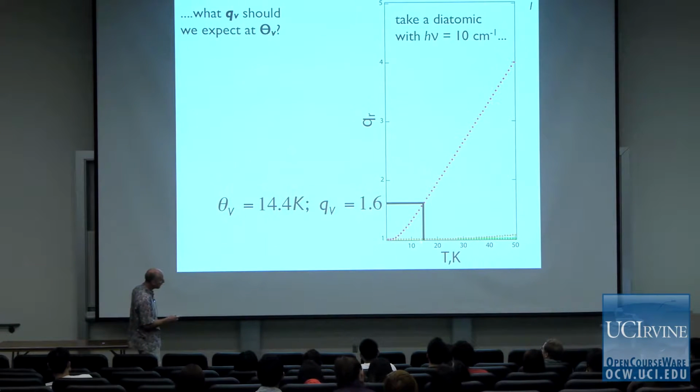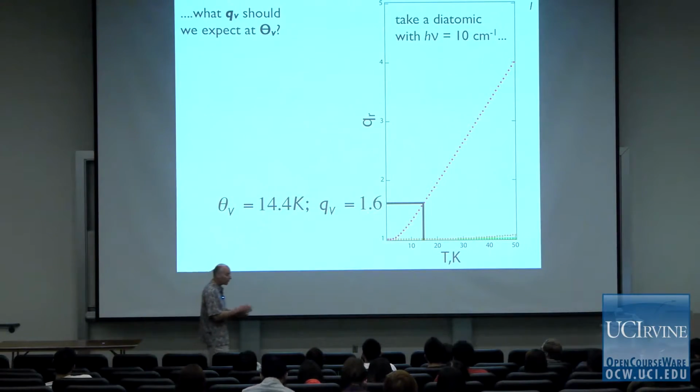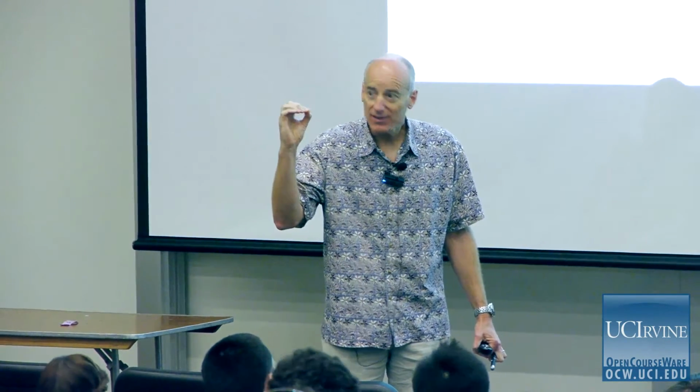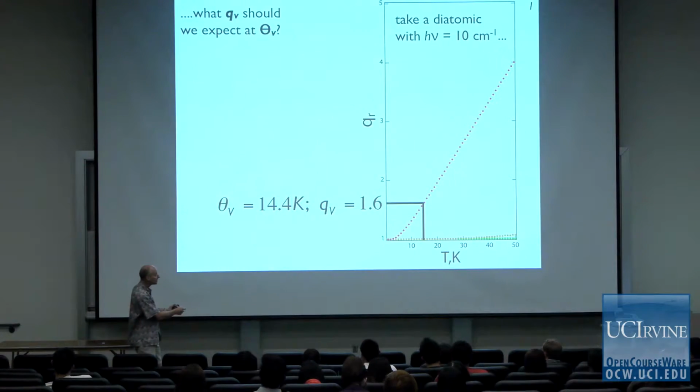And so if I look at this plot and I go to 14 degrees Kelvin and I follow it up to this red line here, I find out that Q at 14 degrees Kelvin is 1.6. So if the temperature of the environment is the vibrational temperature, we're going to expect the partition function to be 1.6.